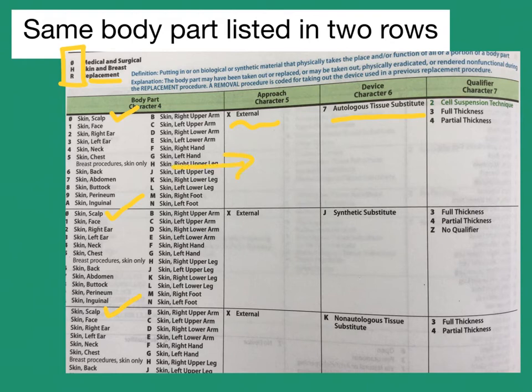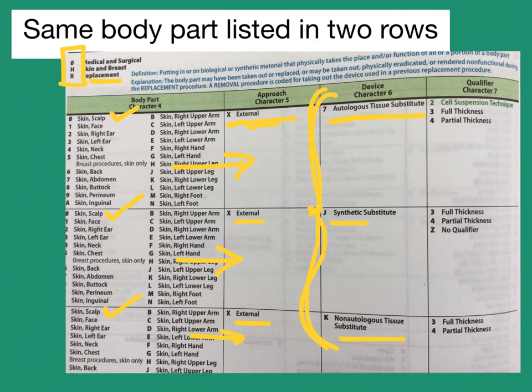And as we work our way across, we see, okay, they all have external approaches. But here is where the difference comes in. So based upon your medical documentation, was this an autologous substitute, a synthetic substitute, or a non-autologous tissue substitute? This is where you will make a decision.